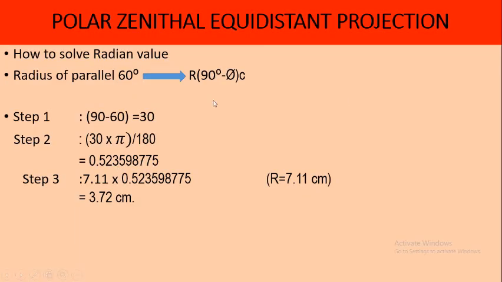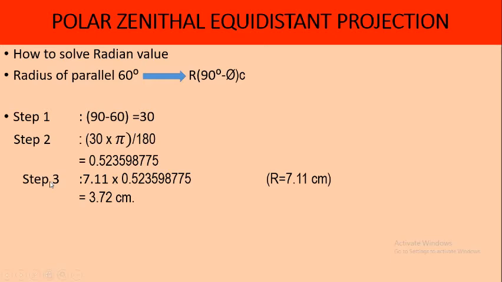In the polar zenithal equidistant projection, the radian measure is vital, and how it can be calculated is given here step by step. Say for the 60 degree parallel: step 1, 90 minus 60 is equal to 30. Step 2, 30 into pi by 180 degrees, it will be 0.523598775.